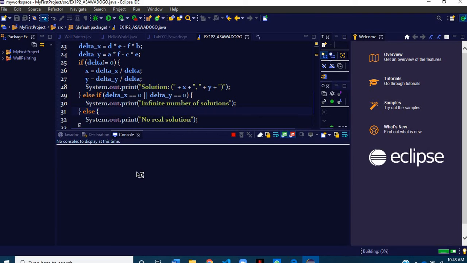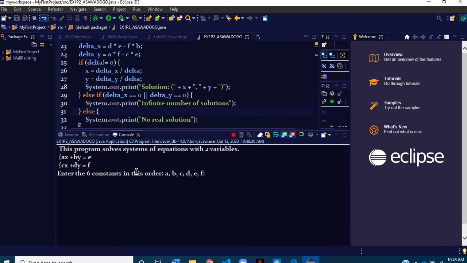An example of that would be if I have 1, 1, 1, and 1, meaning ABCD is 1, and the last 2 are the same as well, 2 and 2. So that means any number would be a solution. So it takes care of that too, infinite number of solutions.